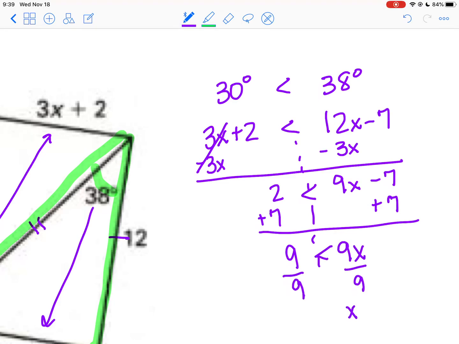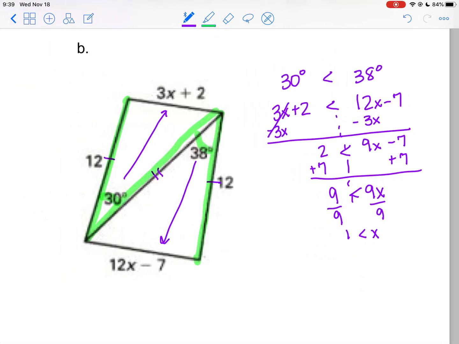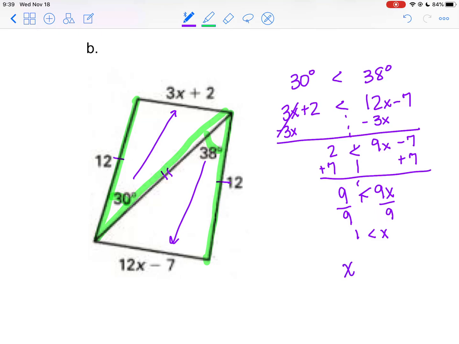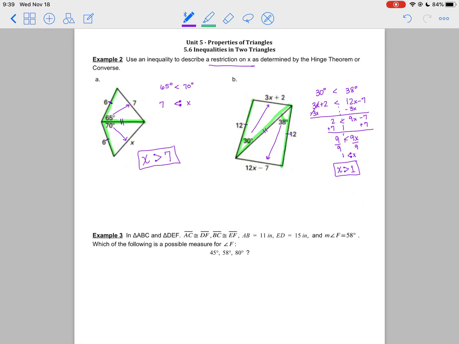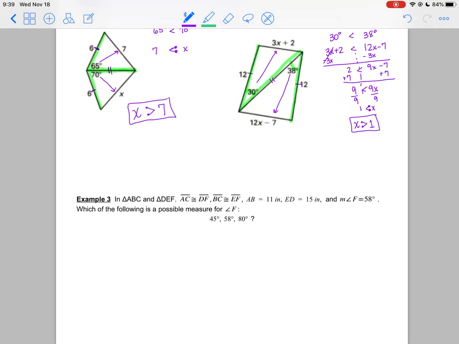Divide both sides by 9. And I get that 1 is less than x. So to write my solution to an inequality, I want to write the x first. On this one, the sign opens to the x, so it's going to be x is greater than 1. All right, so that's what it means by write a restriction on x. That means an inequality.